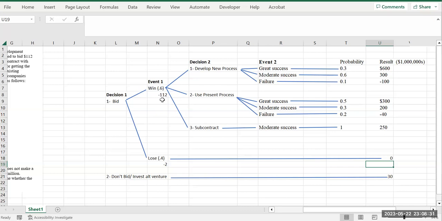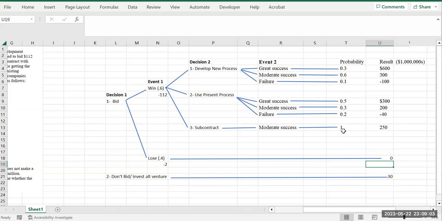But again, 112, that's the bid. That's the amount of money that needs to be spent, so this is an outflow, or negative cash flow. Then there's a second stage of decision making, and after that, there's another set of states of nature regarding the outcome of the project.